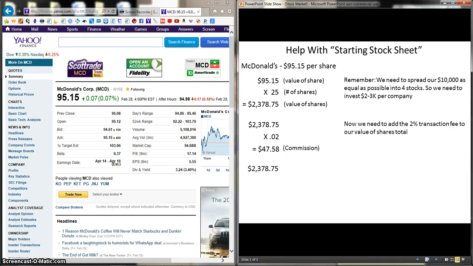Now we need to find the total. Now that we know our value of shares and we know our commission, we need to add them up to find our total purchase price.